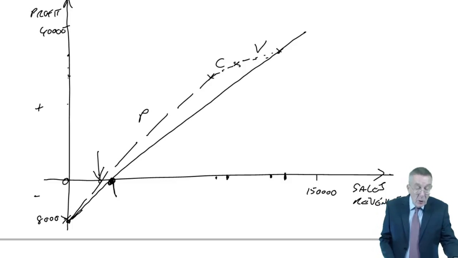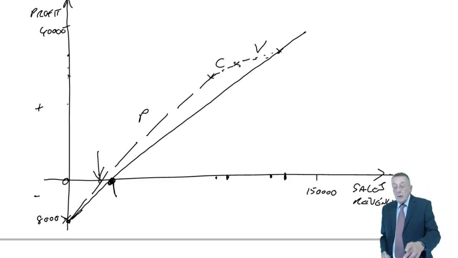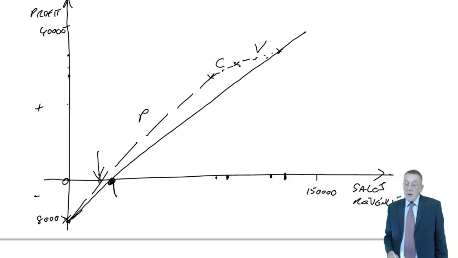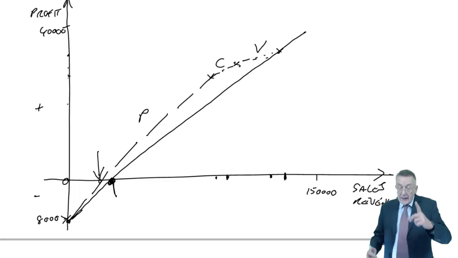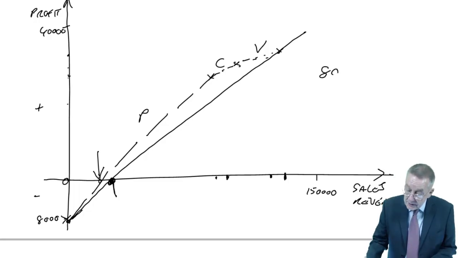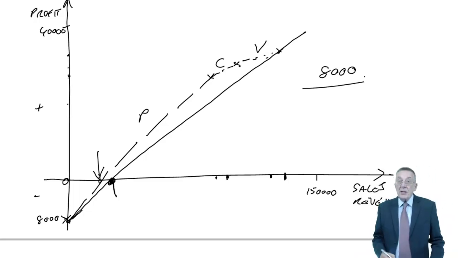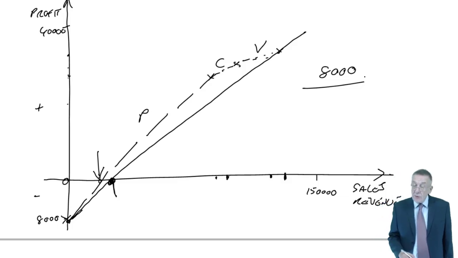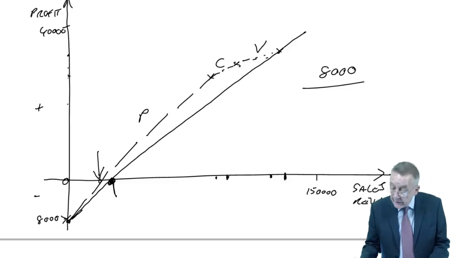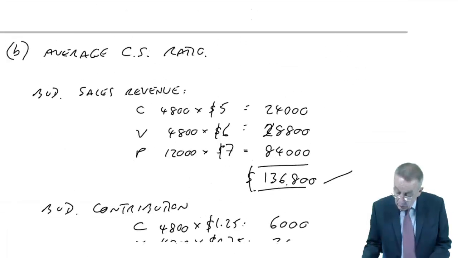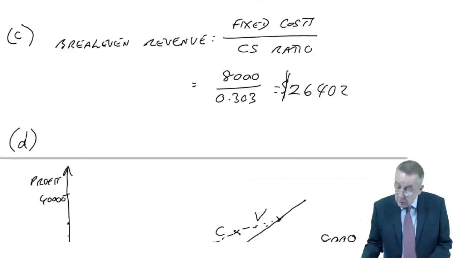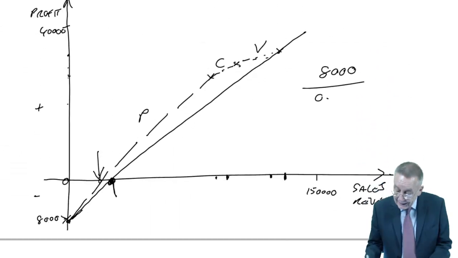And as a matter of interest, what would the break-even be? Well, since the break-even here is when we're selling only P, surely the break-even at fixed overheads will be 8,000. To get break-even, divide by the CS ratio for P. And the CS ratio for P was 0.379.